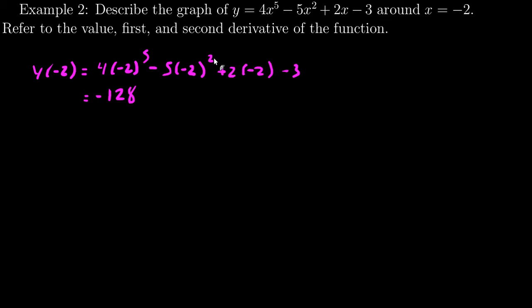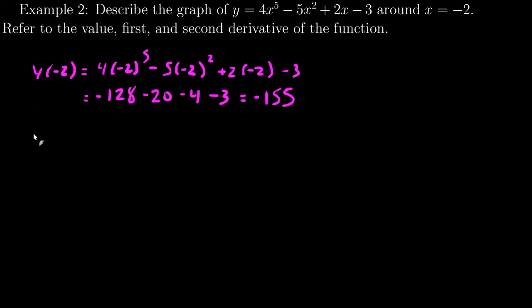Negative 2 squared is 4 times negative 5 is minus 20. 2 times negative 2 is minus 4, minus 3. So let's see. Negative 128, negative 148, negative 152, negative 155. And I'll put to the side what this tells us once I go through all this stuff.